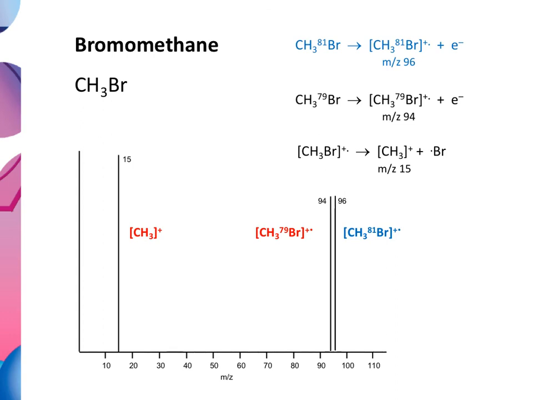But here we're almost considering them as individual molecules, or the abundance of different molecules. So we've got those two peaks, two apart, essentially because we've got those two bromomethanes, one with a bromine 79 and one with a bromine 81. Here, their abundance is 50-50, so whilst we can't compare the 94 and 96 with the 15 in terms of their height, we can compare the 94 and the 96 relative to each other here.